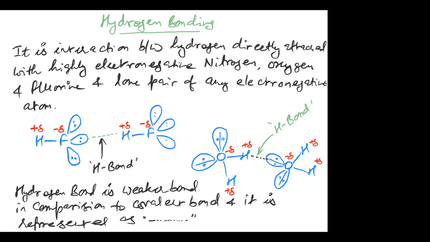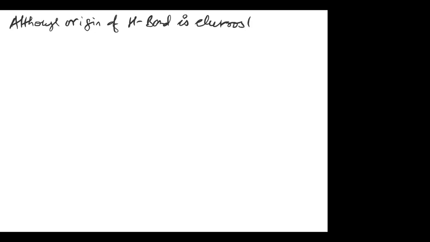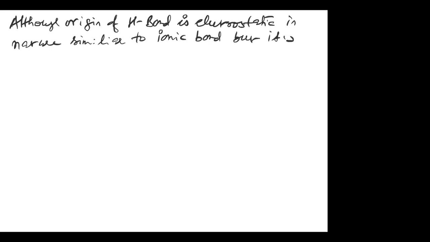Okay, let's move further. Although the origin of hydrogen bond is electrostatic in nature, similar to ionic bond, its behavior is covalent.